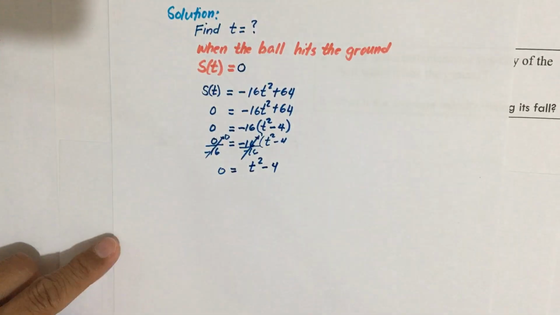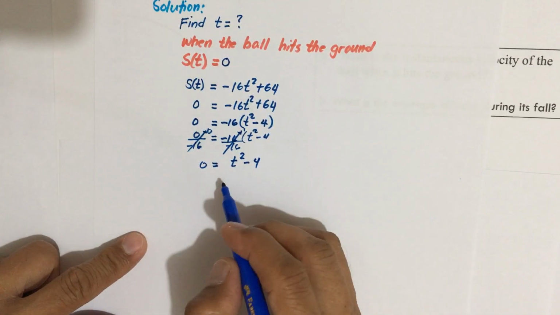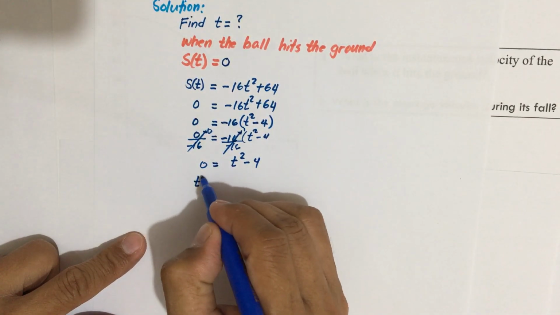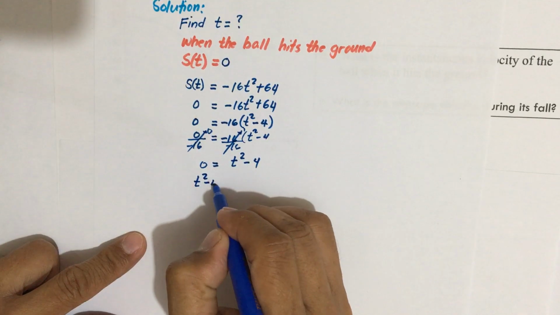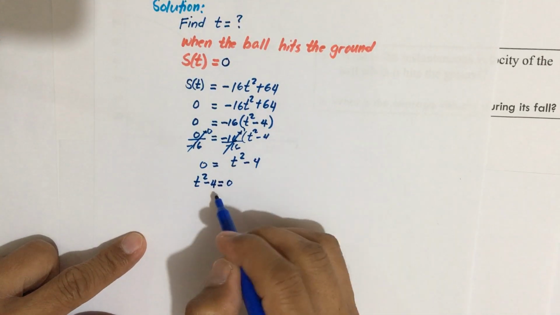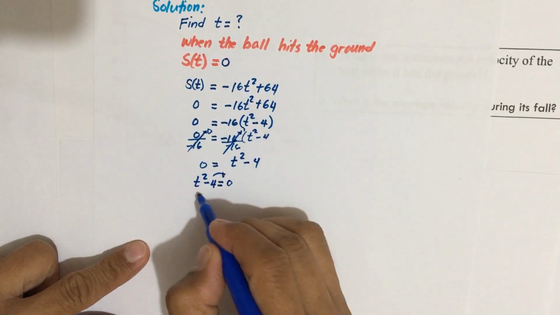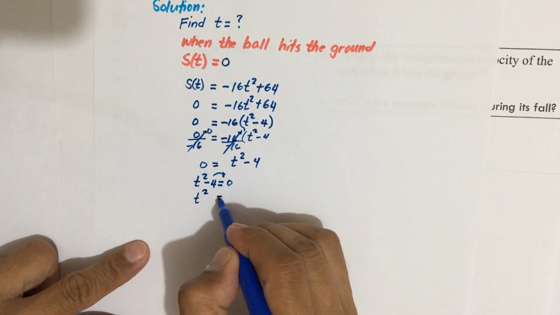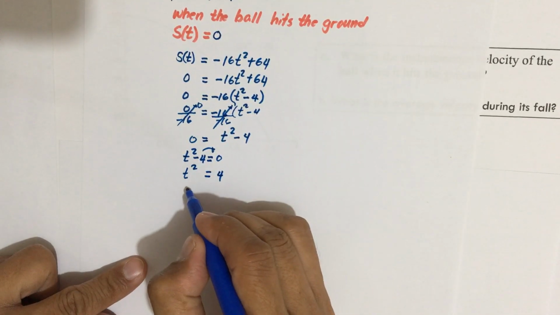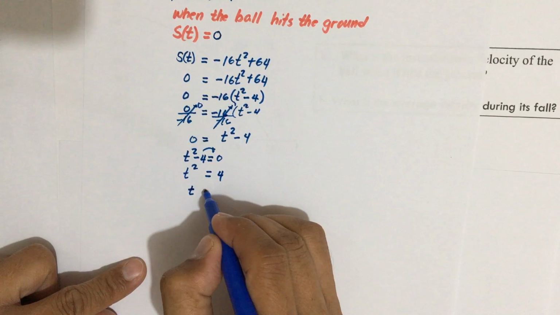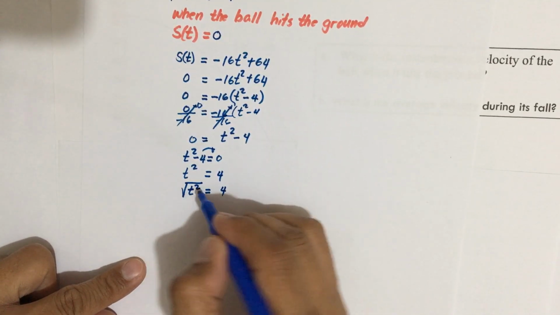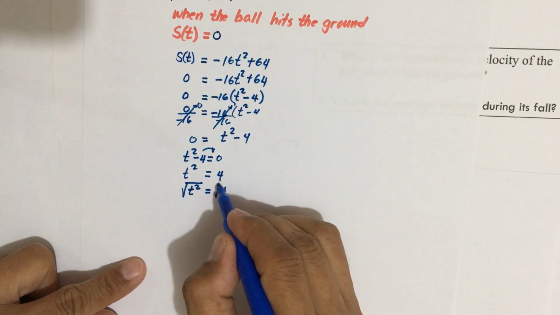So solving for t, we can rewrite this as t squared minus 4 equal to 0. So transposing this to the other side, t squared equal to 4. Then taking the square root on both sides, the square root of t squared and the square root of 4.